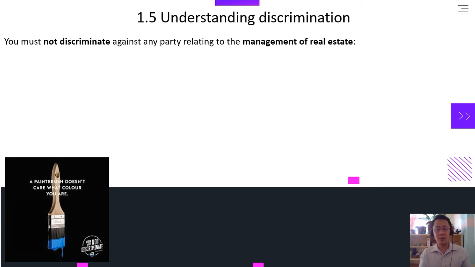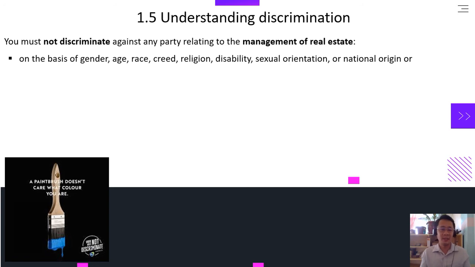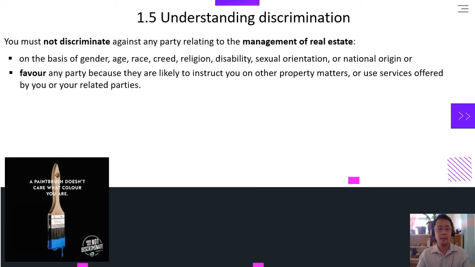You must do your job without any discrimination on the basis of gender, age, race, creed, religion, disability, sexual orientation, or national origin, or favor any party because they are likely to instruct you on other matters, or use services offered by you or your related parties.